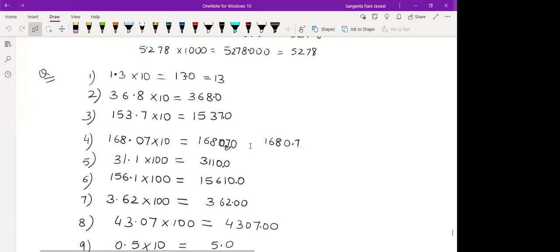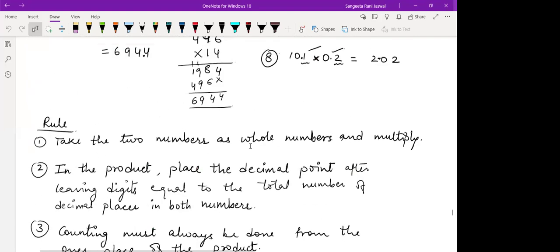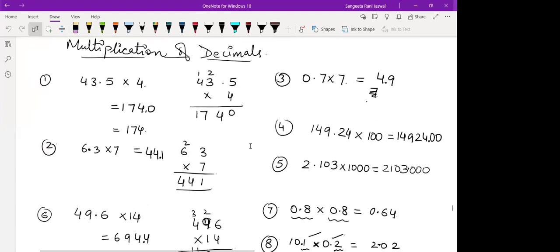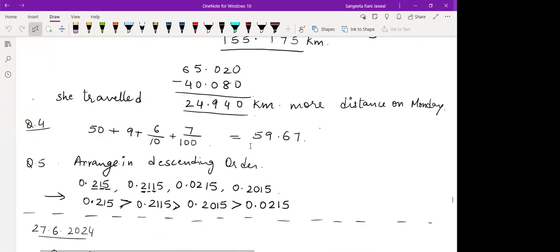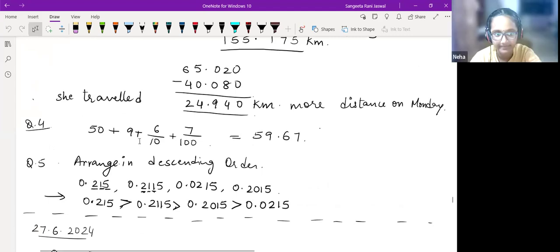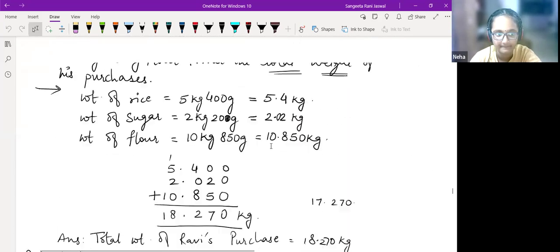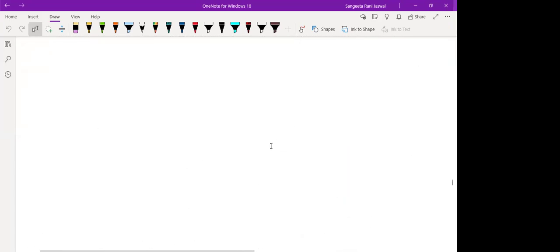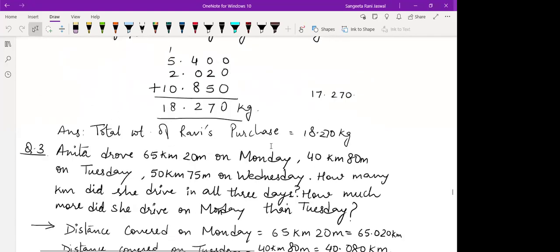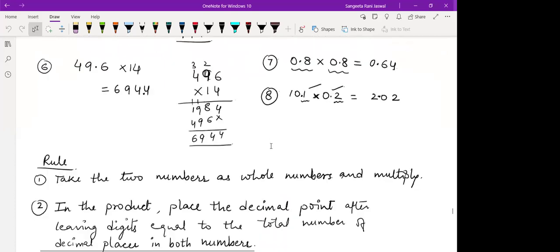And addition of decimals, subtraction of decimals, some statement sums also we had done, ascending, descending order we did, some questions on expansion also. So let's do division now.